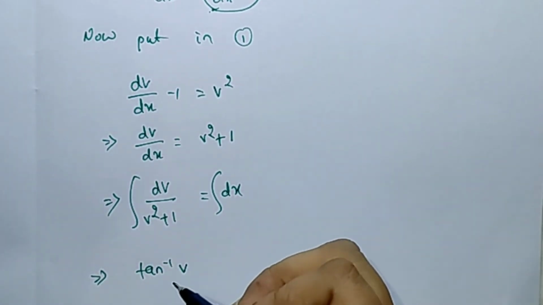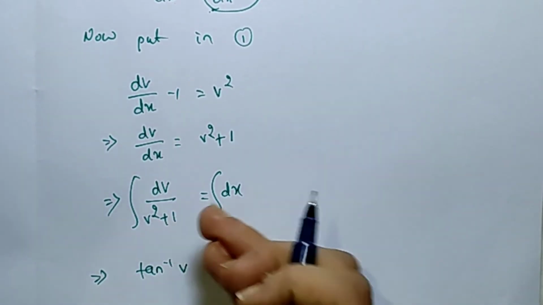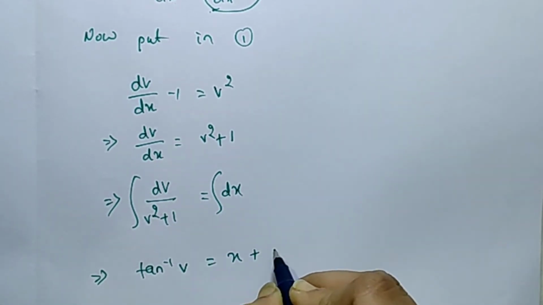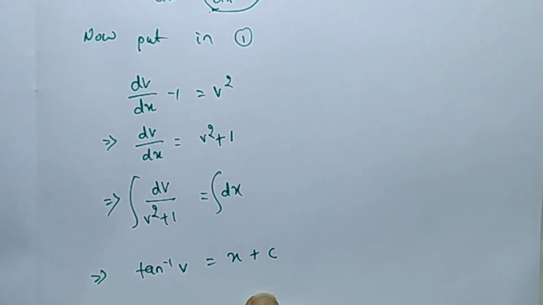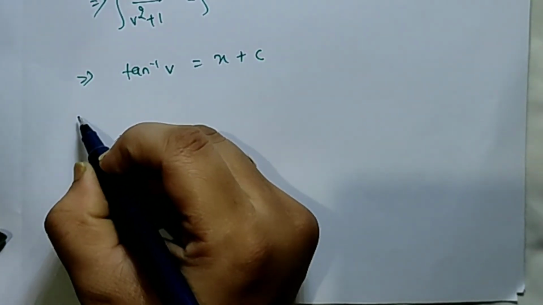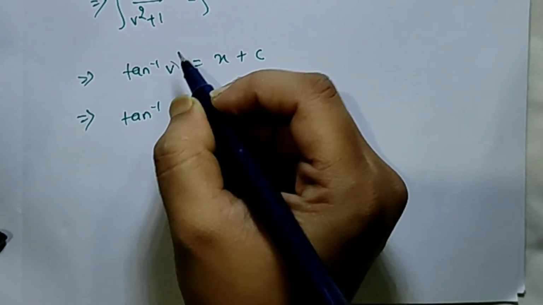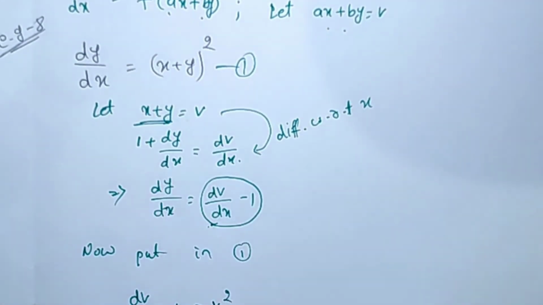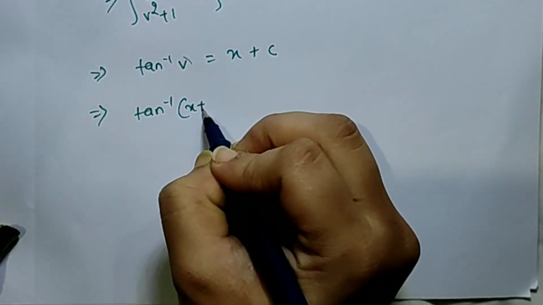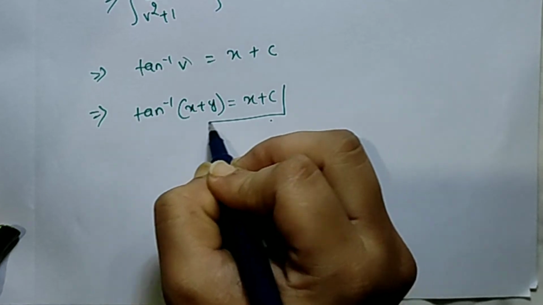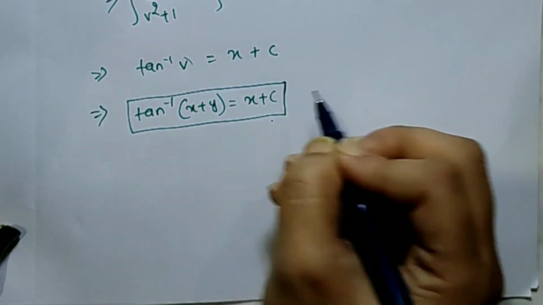We have already taught integration, and the integral of dx is x plus c. c is the integrating constant or arbitrary constant, which implies that tan inverse, instead of v, I can write x plus y. Tan inverse of x plus y is equal to x plus c. This is the solution to the given differential equation.